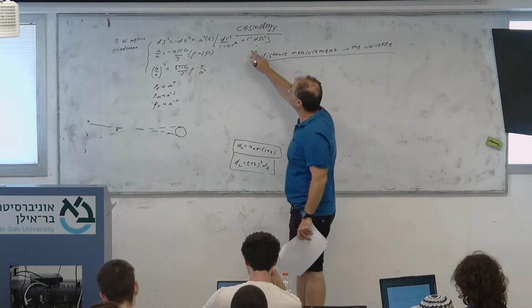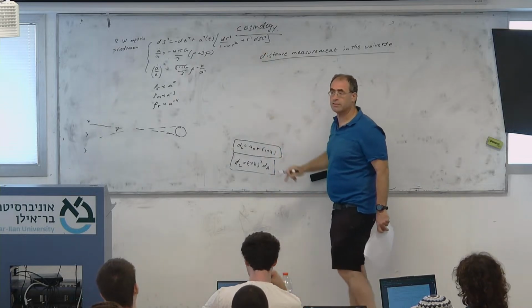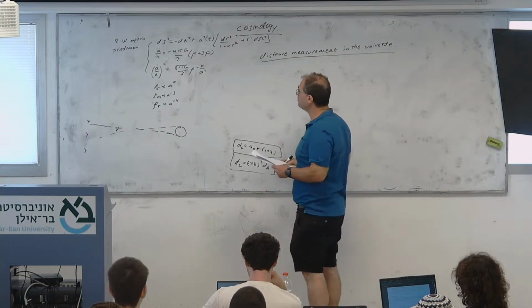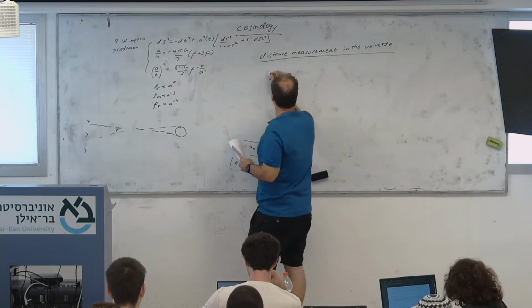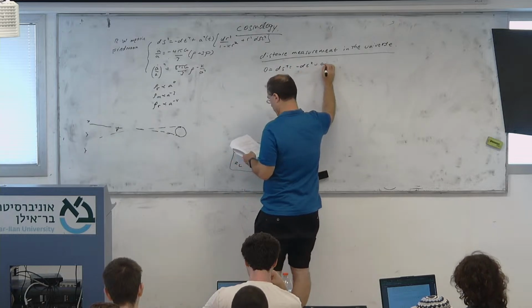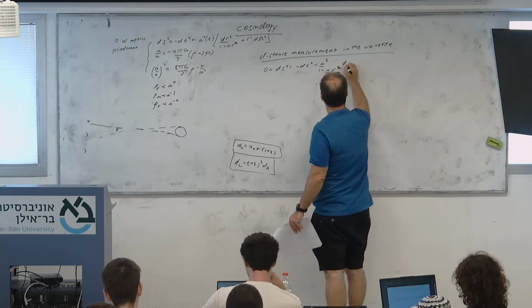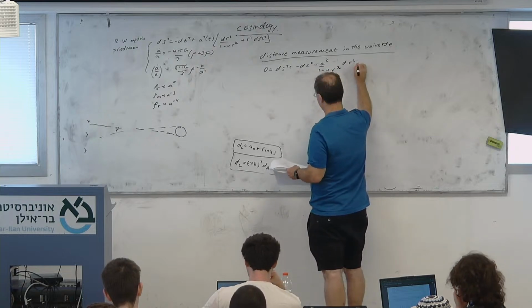So we take this metric, this is the Robertson-Walker metric, forget about the angular motion. So we have 0 equal ds squared, which is minus dt squared plus a squared over 1 minus k r squared dr squared.